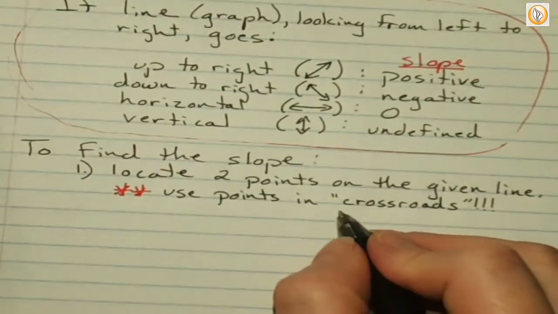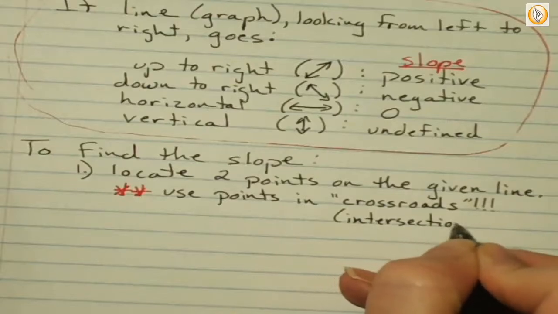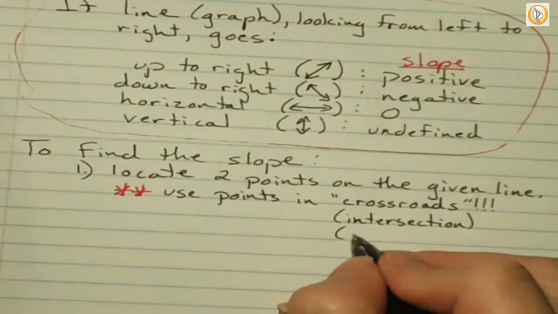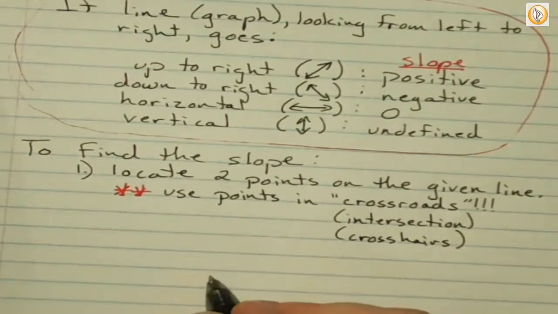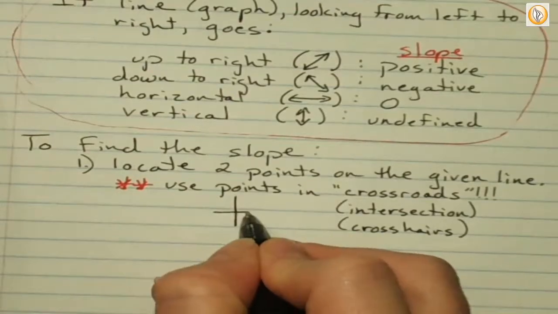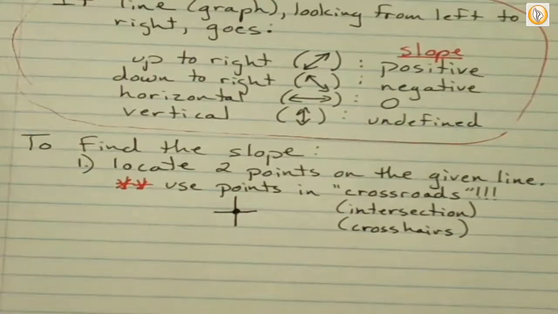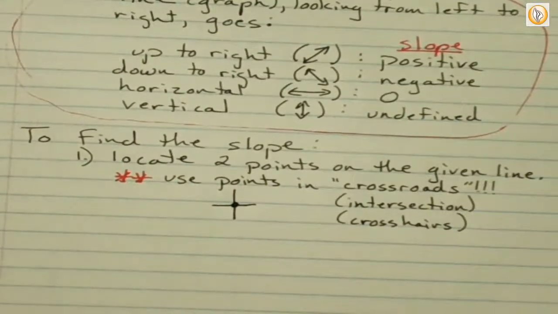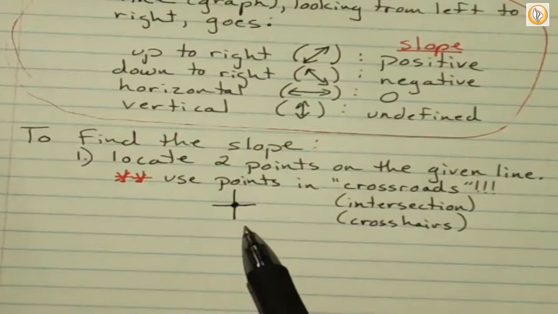Some people call it intersection. Some people call it crosshairs. But it's on your graph where the 2 lines meet. And there's a dot right in the middle. And I'm going to show you that as soon as y'all get this written down. So locate 2 points on the given line. Use points in the crossroads, the intersection, the crosshairs.